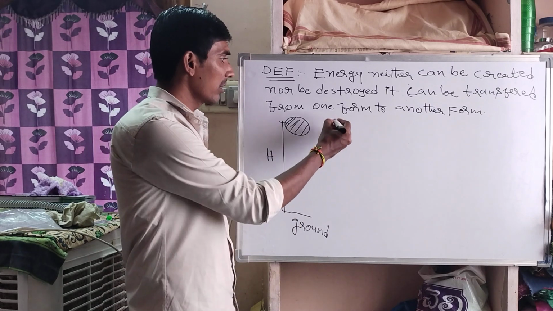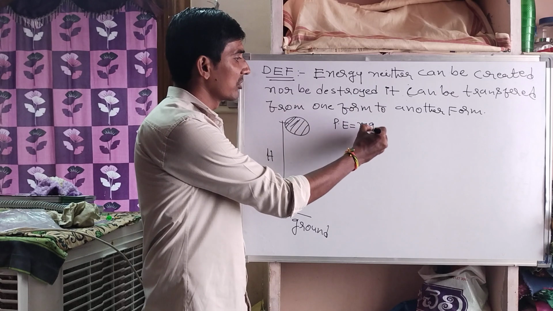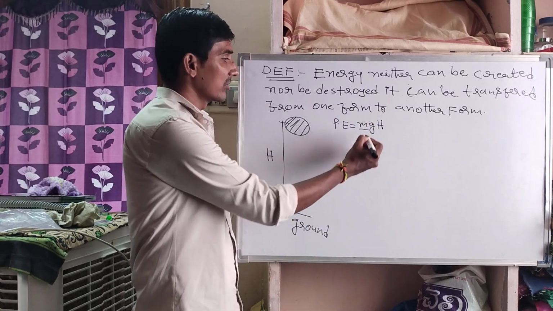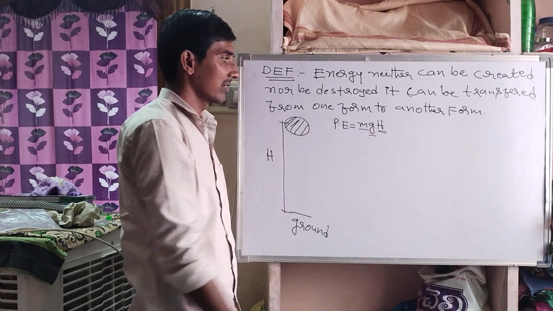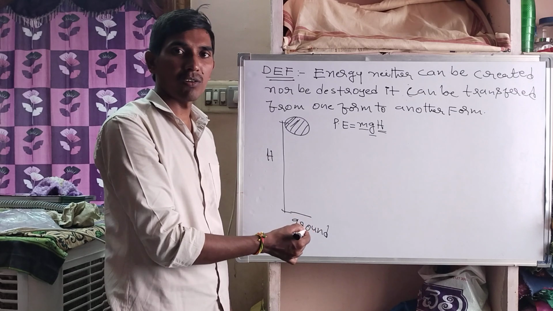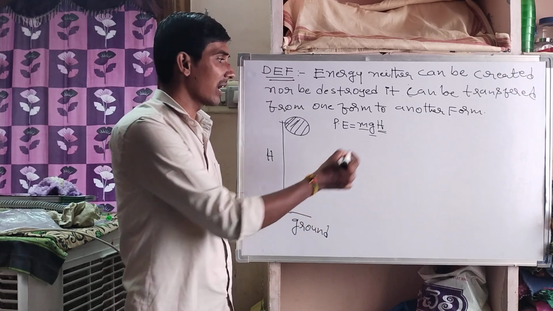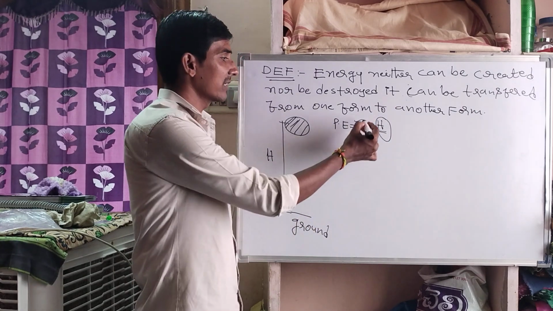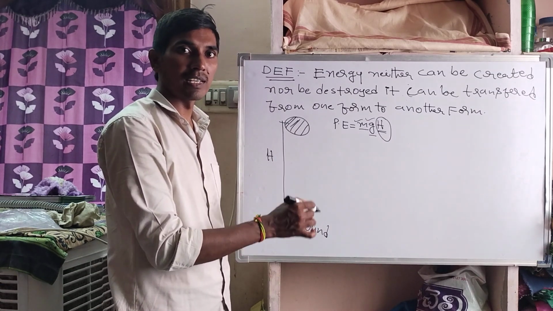Suppose, for example, potential energy is equal to mgh. Here m means mass, g means acceleration due to gravity, h means height. In the freely falling condition of any object, the only variable parameter is height h. m does not change and g also does not change.